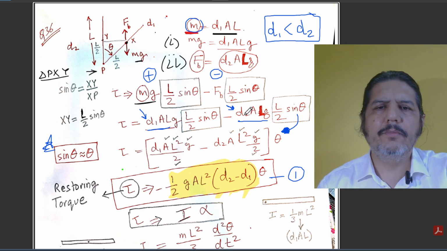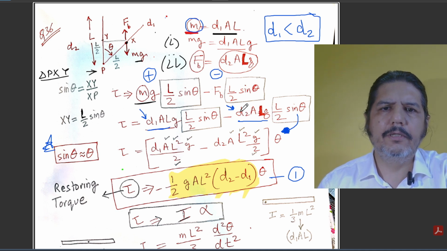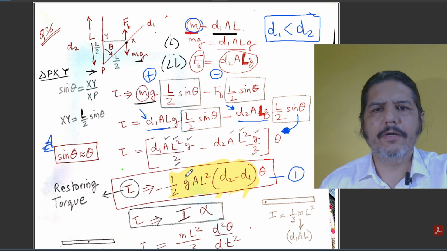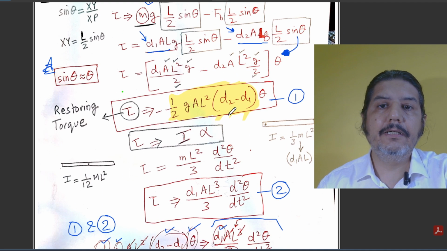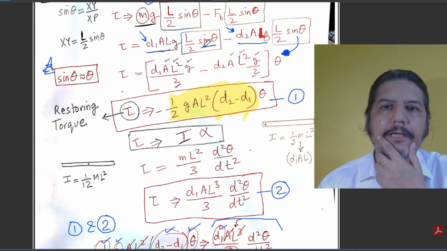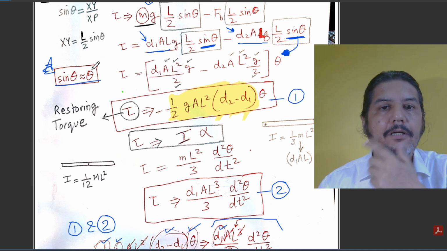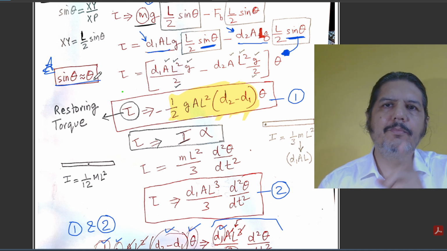Now this is a bit of mathematical manipulation that you'll have to understand. So finally, if you manipulate, this is the final equation that you will get. One critical thing that happens here is that when sine theta is taken common, because theta is small, and that is what I was trying to tell you initially, I am replacing sine theta by theta.